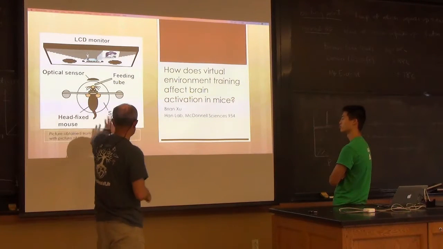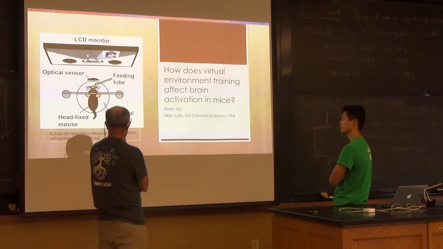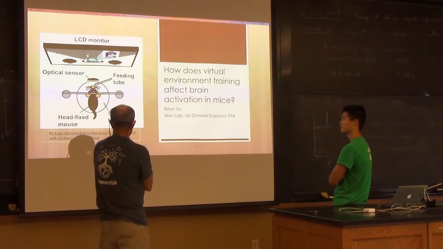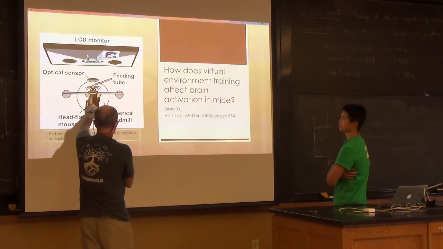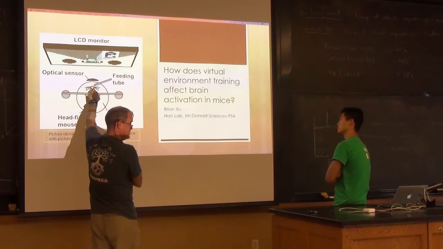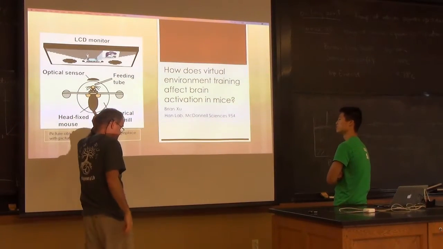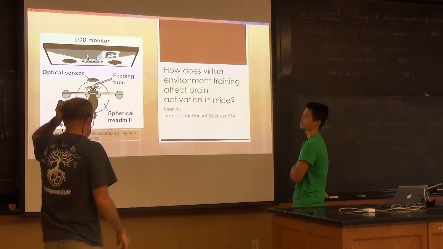This isn't bad, but what you could do is have something like this, and then have an arrow and say, we're going to activate this side of the brain, or the cells here, and see what happens. Okay?